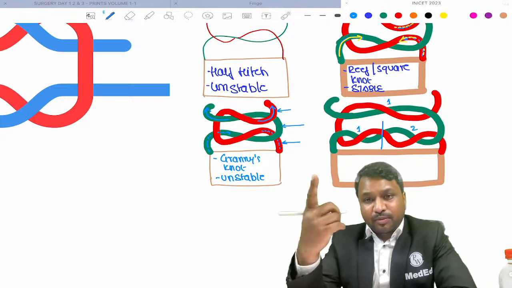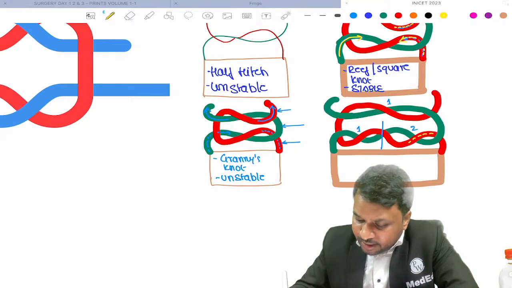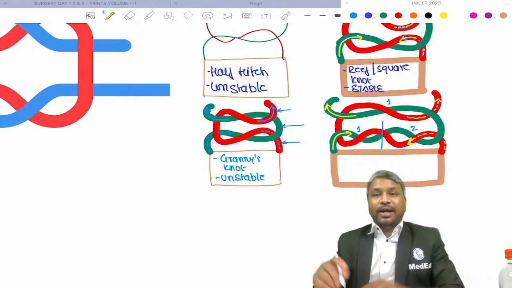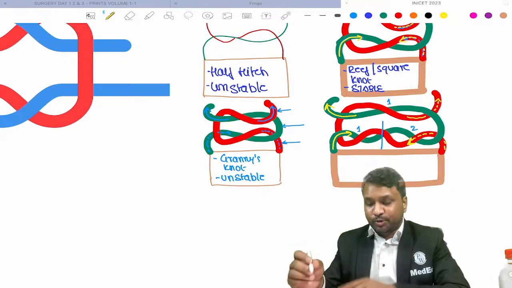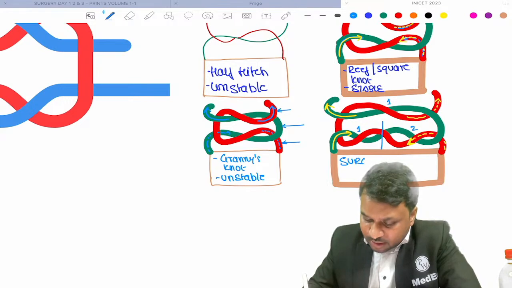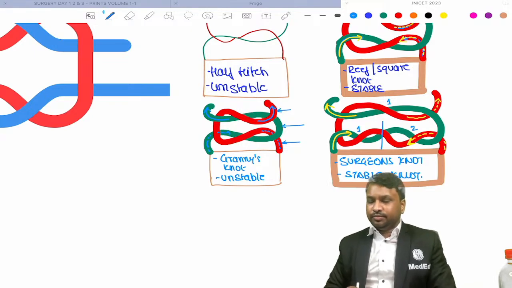So 2 loops are there with one more loop on top. And you look at the thread orientation, here the red thread is under the loop, here also the red thread is under the loop, here the green thread is over the loop, here also it is over the loop. Either it is totally under or totally over, but 2 loops are present, and this is what we call the surgeon's knot, and this is the most stable knot, right?